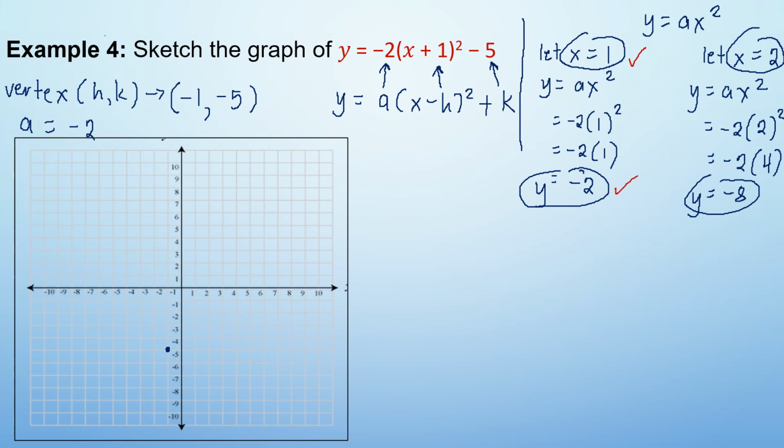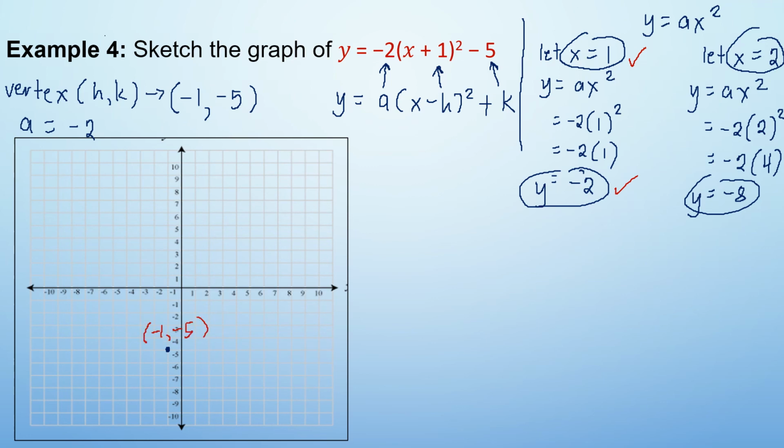What do we mean by that? We need to move 1 unit to the right and 2 units downward from the vertex. So if this is our vertex, the vertex is at point (-1, -5).